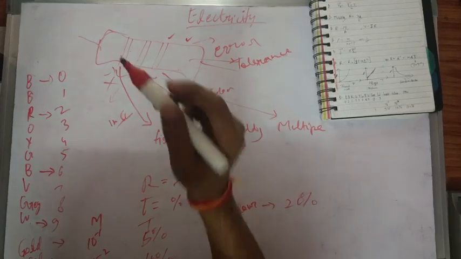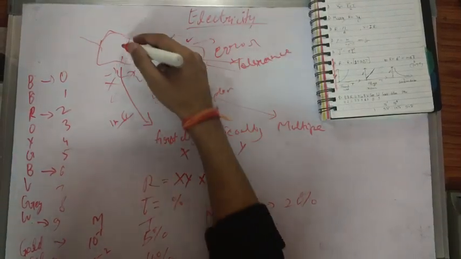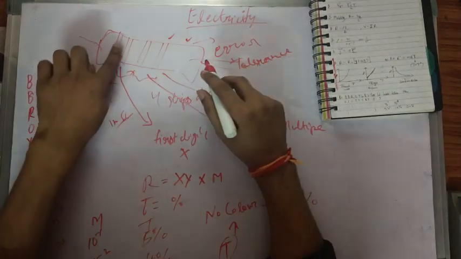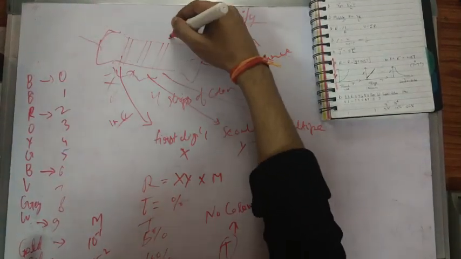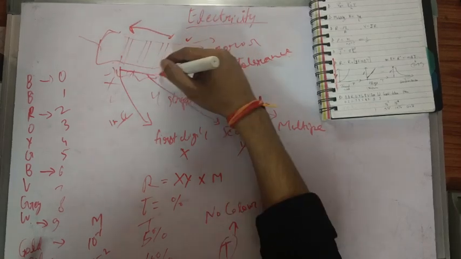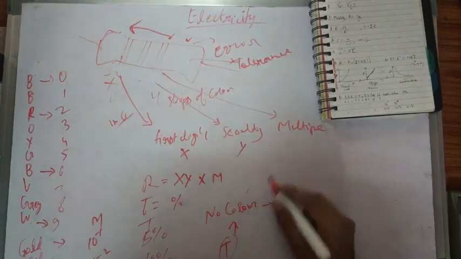It can be confusing to know which side is no color. Let's say there is no color, then we may get confused from which side we should start. We should start from this side or this side. It can be confusing when no color is given.